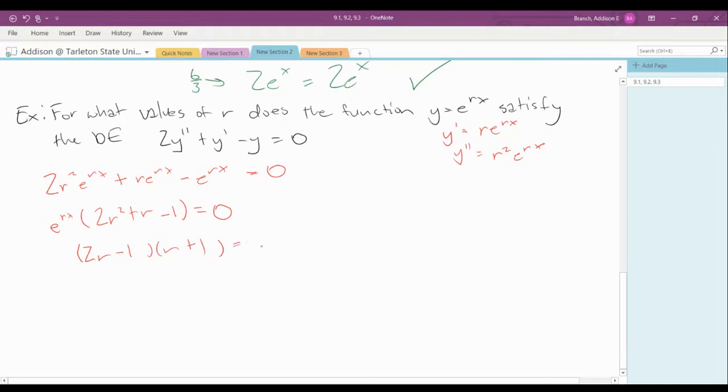Therefore, we know that r would be equal to negative 1 and positive 1/2. So y equals e to the negative x, and y equals e to the x over 2 would be our solutions.